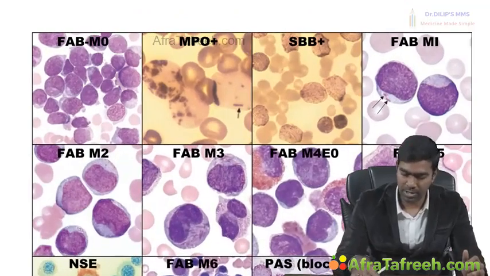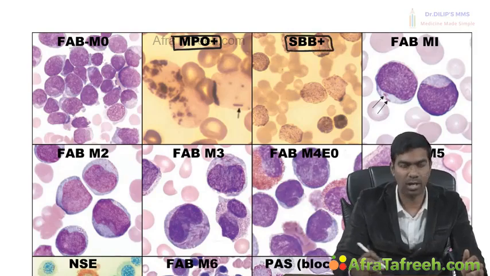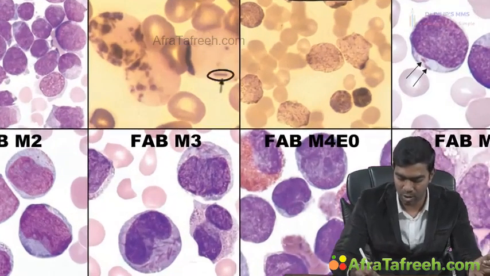First let me tell you how you're going to see the MPO positivity and how SBB positivity looks. This is how it looks, and you can also see an iron rod here along with the myeloperoxidase. Remember, iron rods also stain positively for myeloperoxidase and Sudan black.